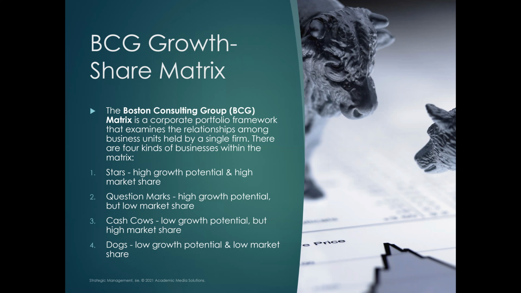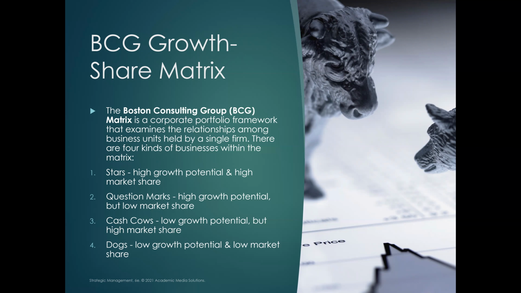The fourth category, dogs, represents a place where the market has low growth potential and low market share. So these capture very different market domains, and you can think about the corresponding strategy for you to design and implement.